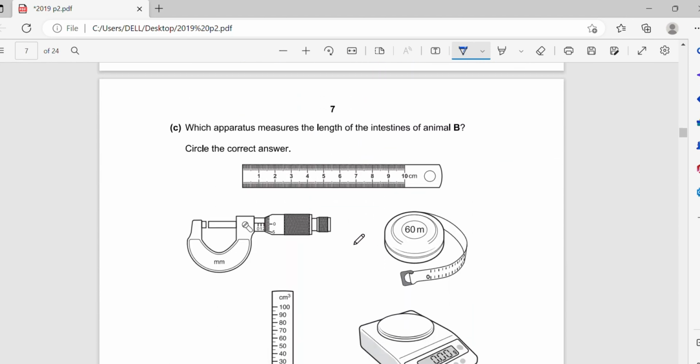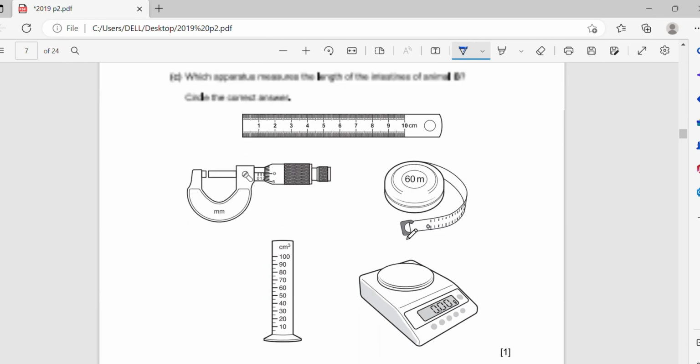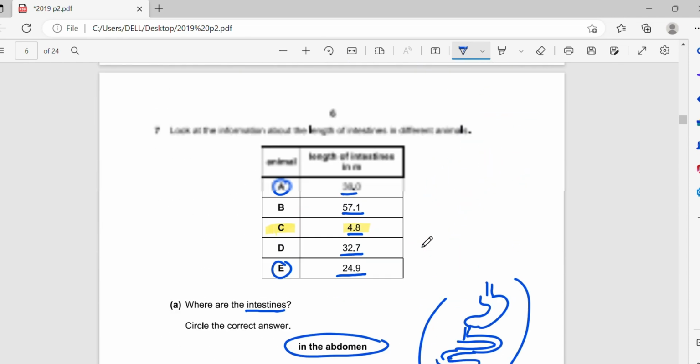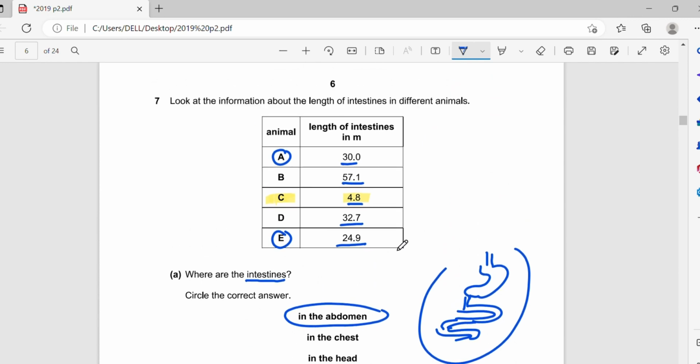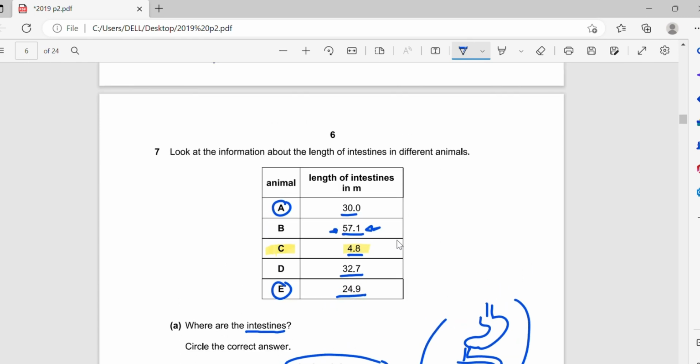Which apparatus measures the length of the intestines of animal B? Circle the correct answer. To measure length عندنا هما حاجتين اللي ممكن ينفعوا، عندنا الرولر والmeasuring tape، بس احنا we need to choose one apparatus. عندي هنا الرولر الجريدنج بتاعها up till 10 centimeters، لكن انا عندي اللينث هنا للintestines it's up to 57. يبقى what can I use from these apparatus?